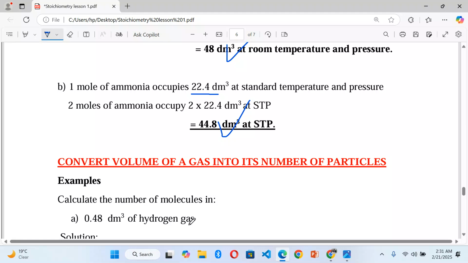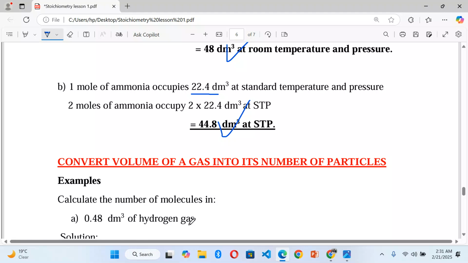Okay, this is a good one. Now here they want us to calculate the number of molecules. You recall these are the particles that we are talking about. And we saw the relationship between particles and moles, where we say that 1 mole of a given substance consists of 6.02 times 10 to the power 23 particles.